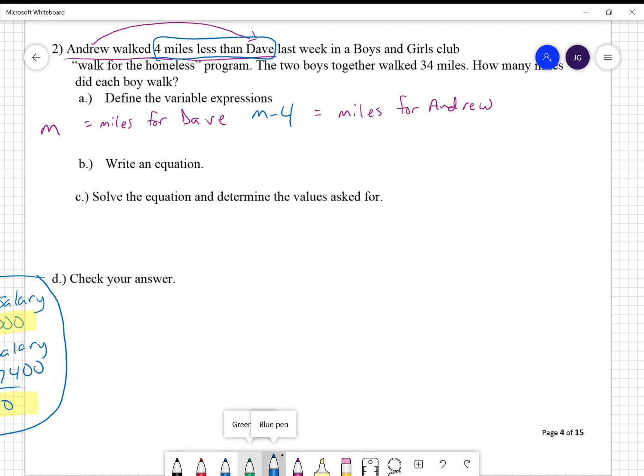Okay, now I can ignore this first part. I just used it. Now I'm going to focus on the next one. Together the boys walked 34 miles. Mathematically, what does that mean, together? Well, I'm going to add Dave plus Andrew equals 34.